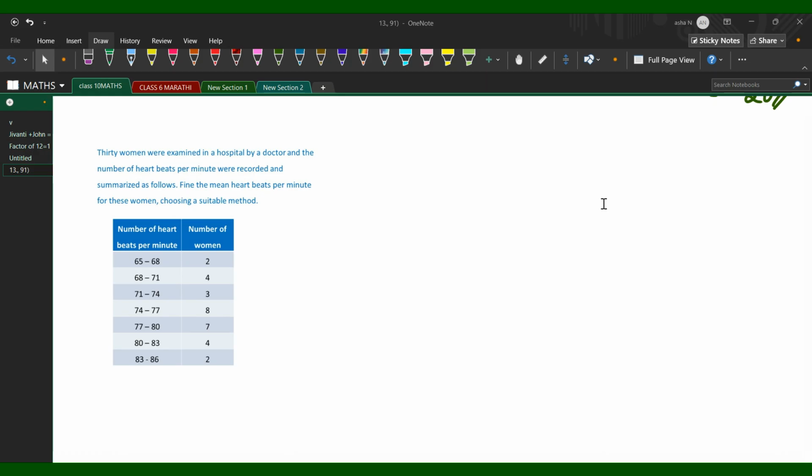Deviation, assumed mean, or simple? I want you to use the simple method first: sum of fi xi upon sum of fi. Come on, give a try with the simple method. You find out xi.